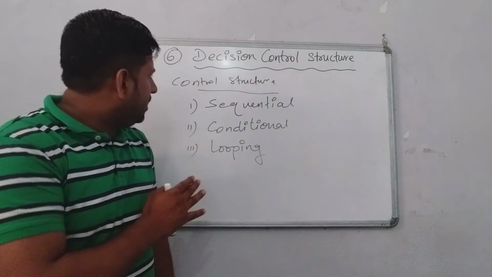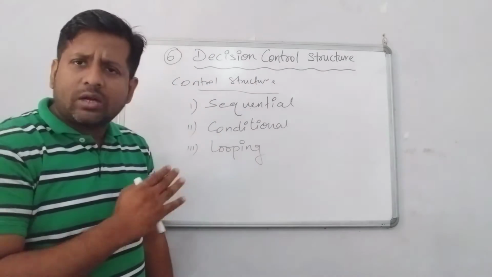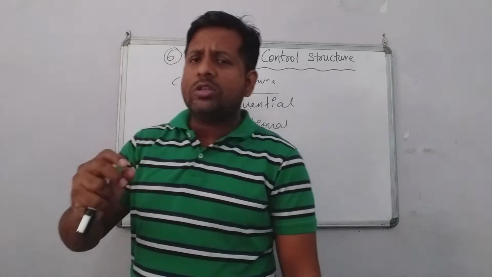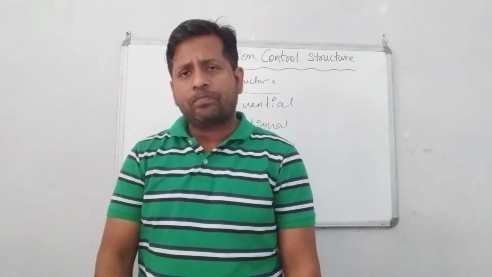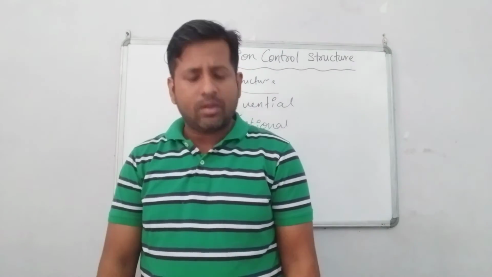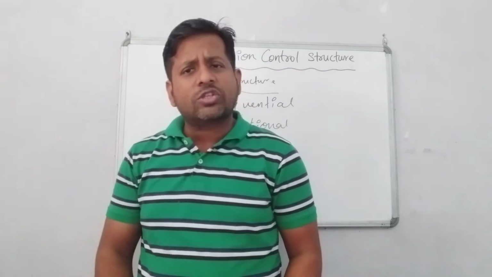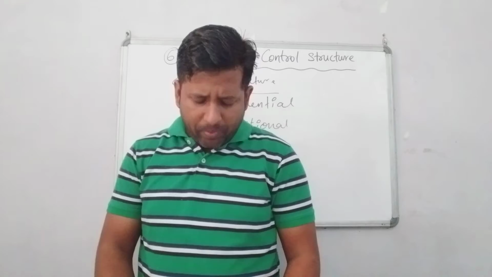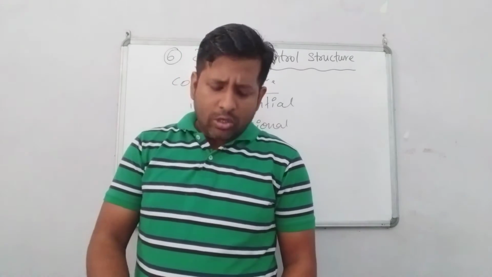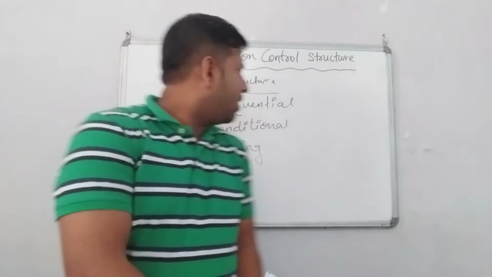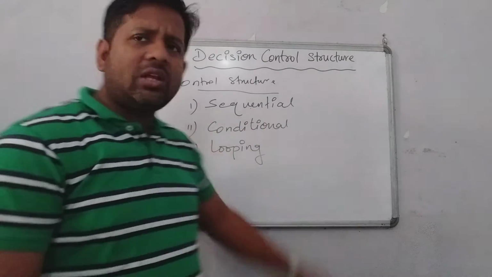So there are three different types of control structure. So children, let me tell you first what exactly is a sequential control structure.